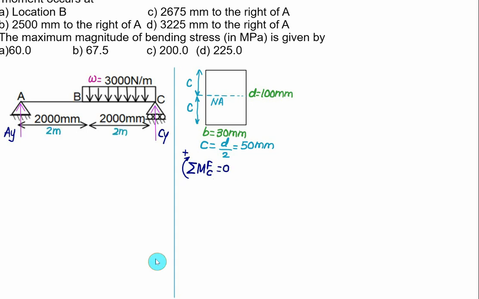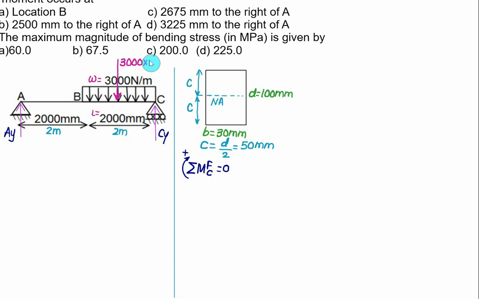To find the reaction here, temporarily we'll convert the UDL into an equivalent point load, and the value is W multiplied by L, where L is 2 meter. So exactly at the halfway point we show the equivalent load, W into L, which is 3000 multiplied by 2 meter length.